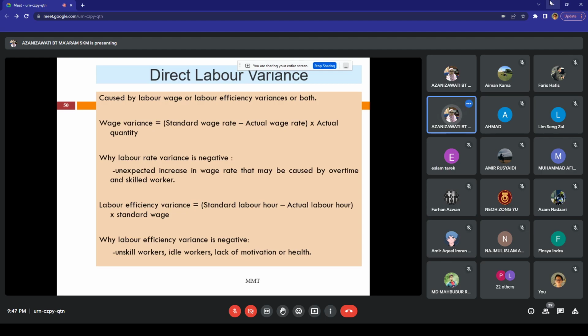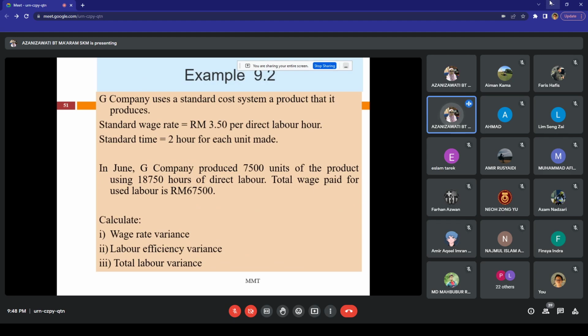So therefore the standard labor hours are higher than actual labor hours, because some companies only allow their workers to work 4 days per week, sometimes even 3 days per week. Okay, so that is because of idle workers, not because of health. Okay, so this is the example.